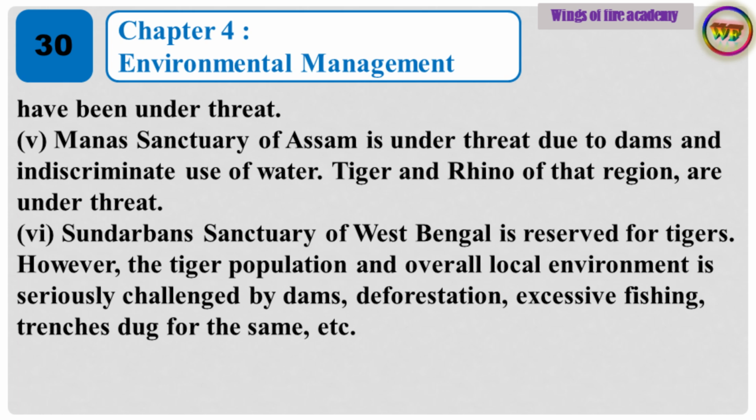Tiger and rhino of that region are under threat. Point 6. Sundarbans Sanctuary of West Bengal is reserved for tigers. However, the tiger population and overall local environment is seriously challenged by dams, deforestation, excessive fishing, trenches dug for the same, etc.